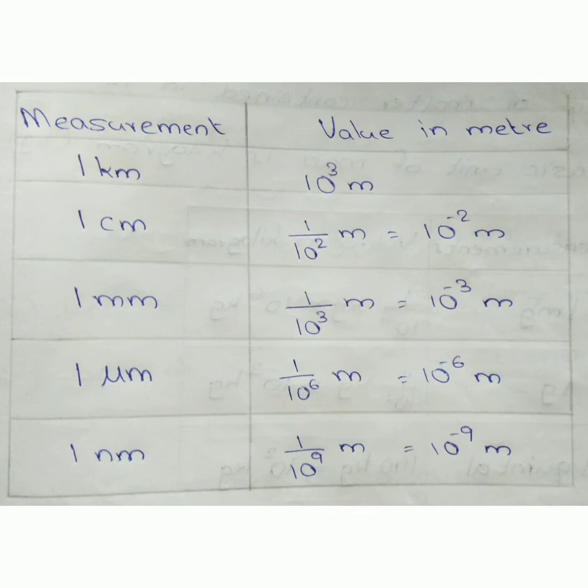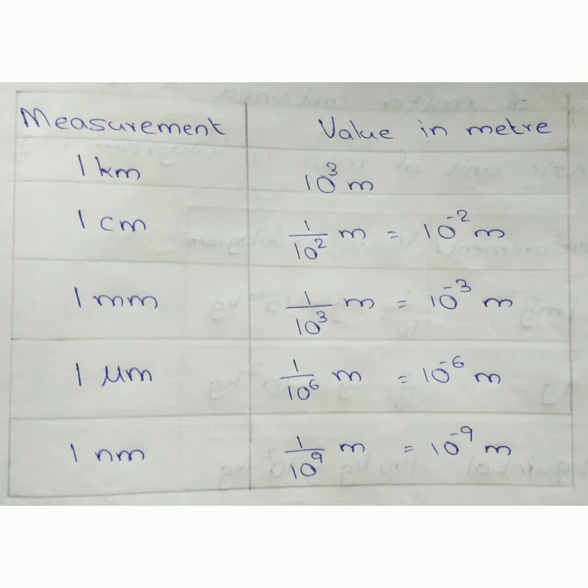1 micrometer is 1 by 10 raised to 6 meter or 10 raised to minus 6 meter. Like that, 1 nanometer is 1 by 10 raised to 9 meter or 10 raised to minus 9 meter. If we have to convert any of these measurements into meter, we just have to multiply the measurement with these values.